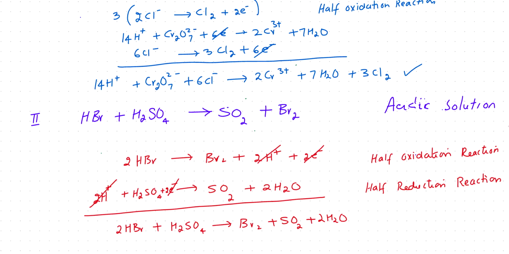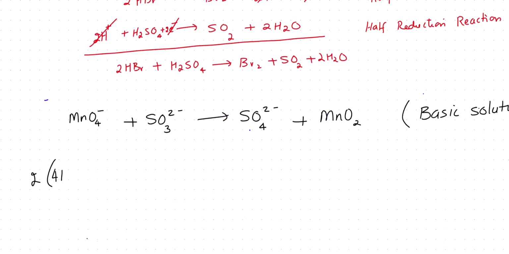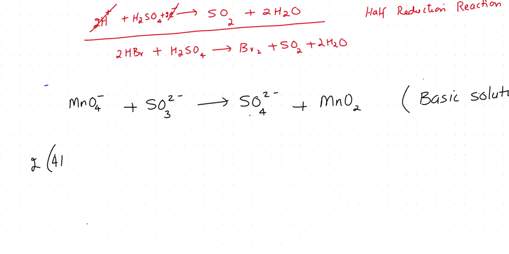Next, we'll go to balancing equations in basic solution or basic medium. MnO4 negative, this is number 3.